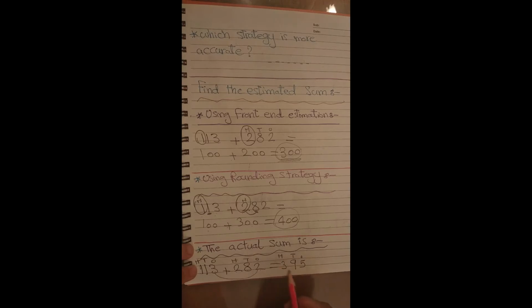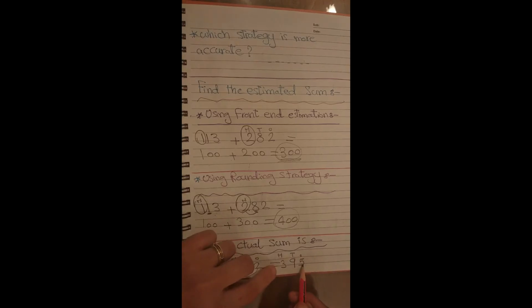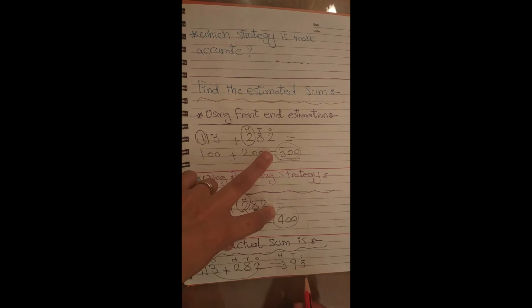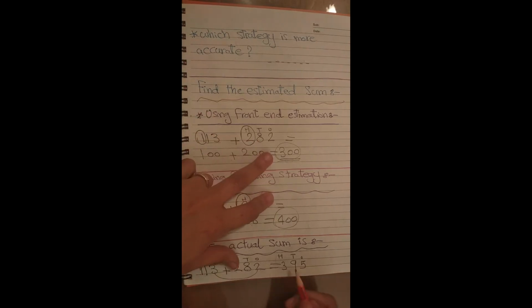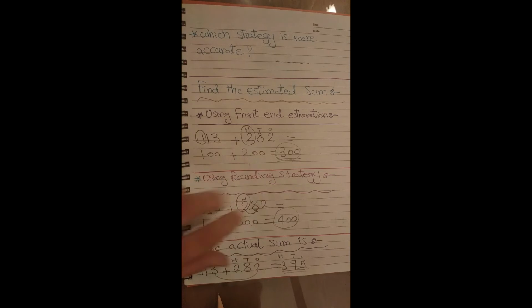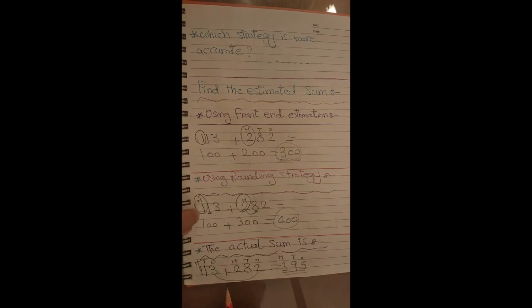So here, if we compare the actual sum, which is 395, with the two estimated sums from the two ways of estimation, we will find that 395 is much closer to 400 than 300, so using the rounding strategy is more accurate.